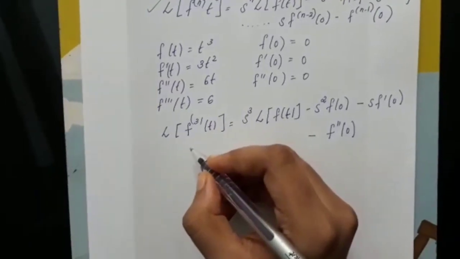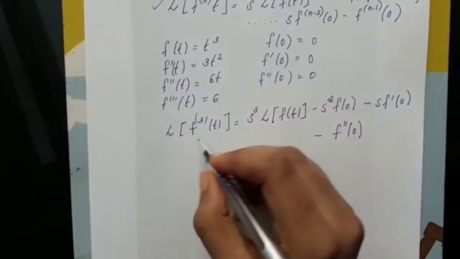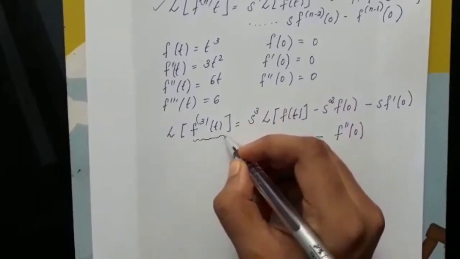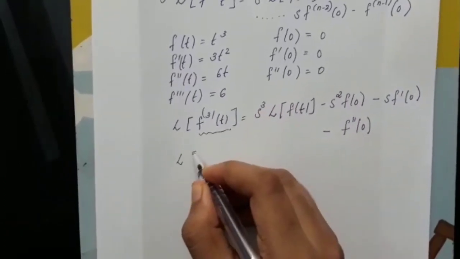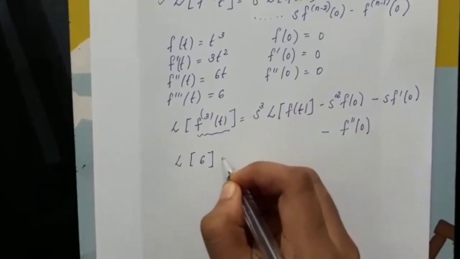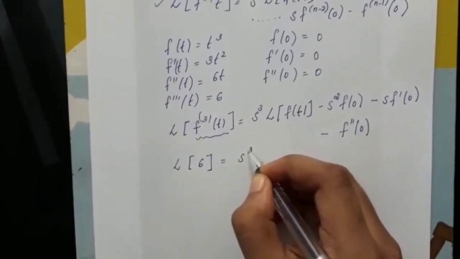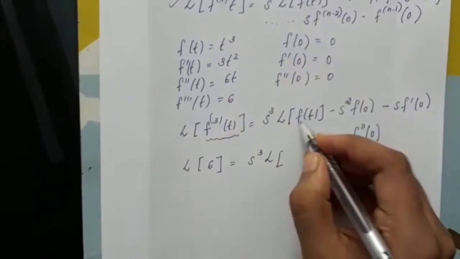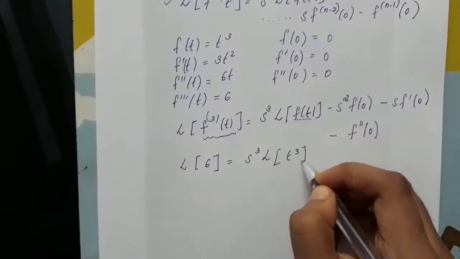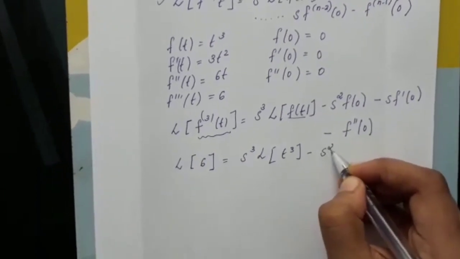The next step is actually to put in the values that we have already found. We have found f triple dash of t, that is 6, that is L of 6 is equal to s cube L of f of t, that is t cube, minus s square.